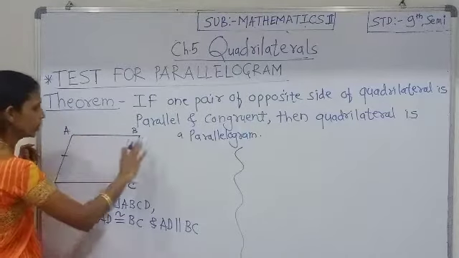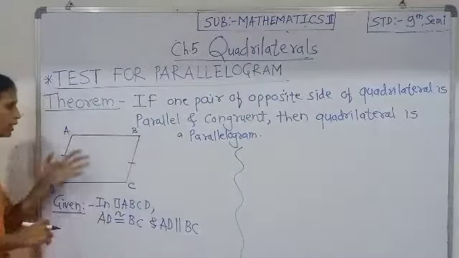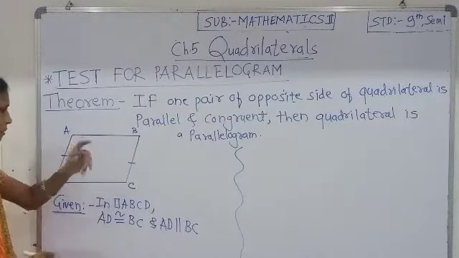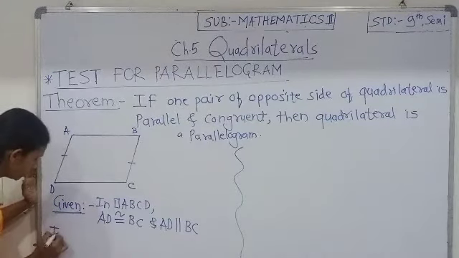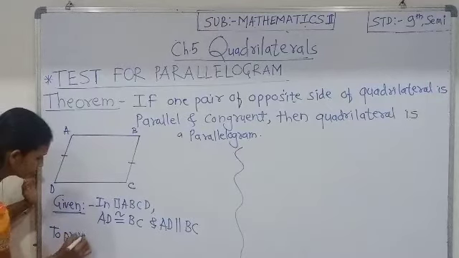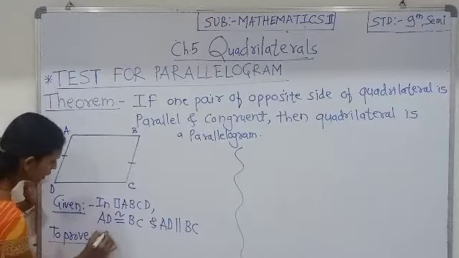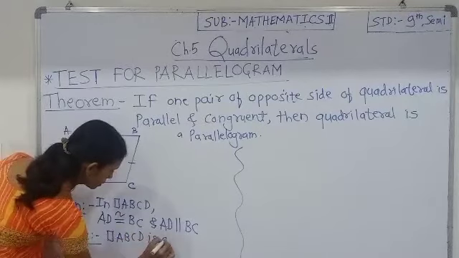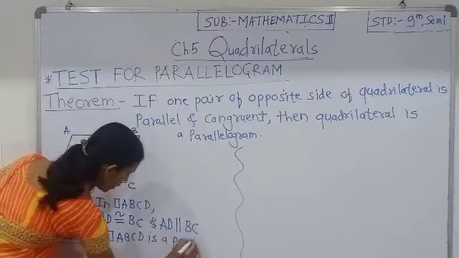Then it is a parallelogram. We have to prove that quadrilateral ABCD is a parallelogram.